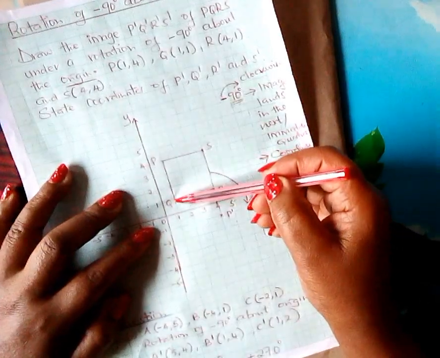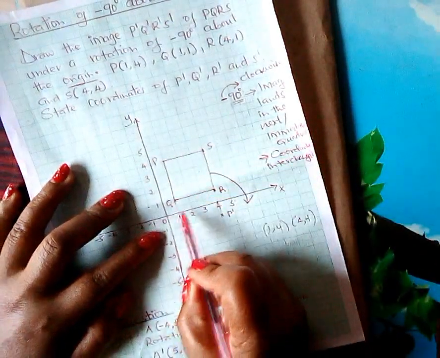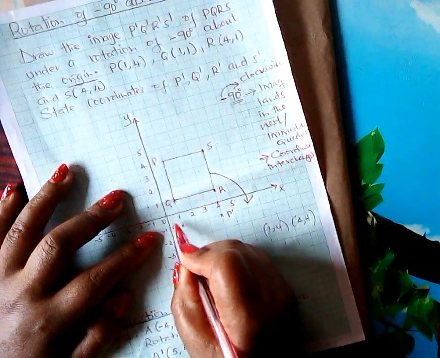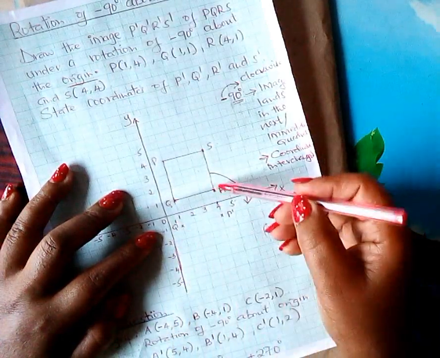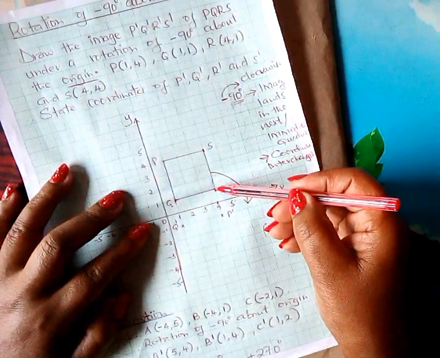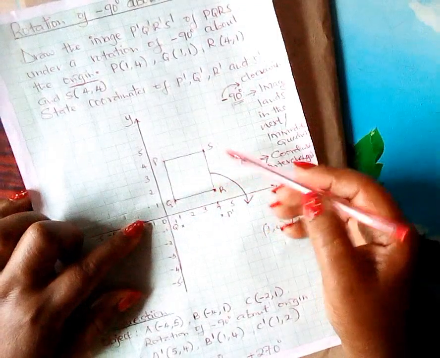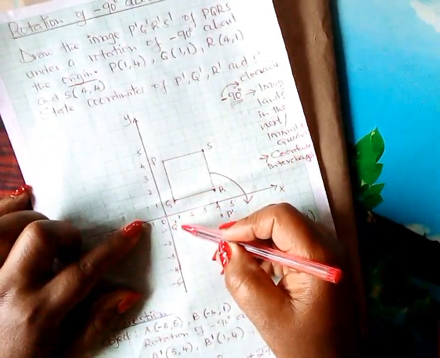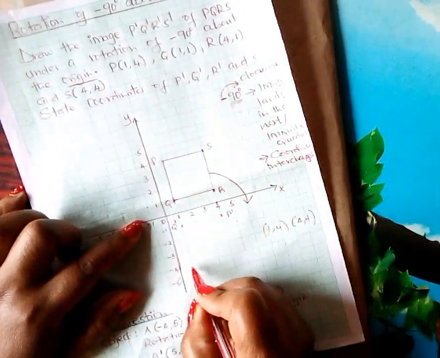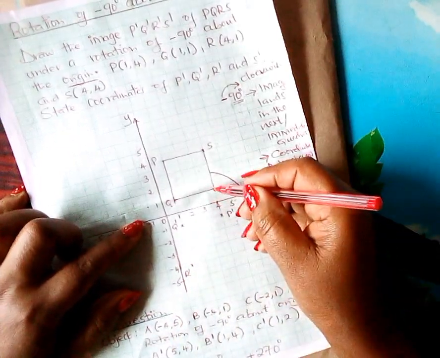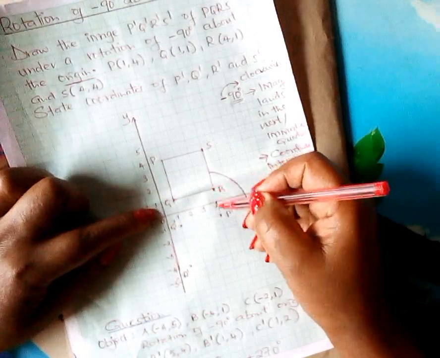We go to Q. Q is at (1, 1), and therefore even if you exchange, you'll get (1, -1). So Q prime comes there. R is at (4, 1).